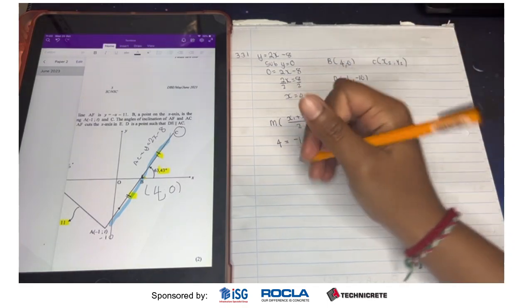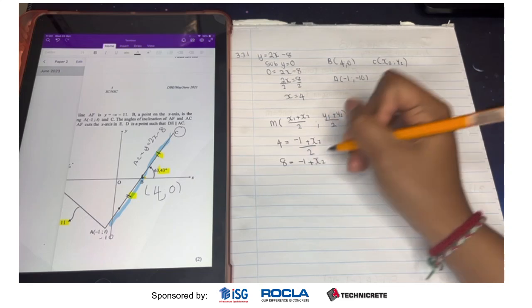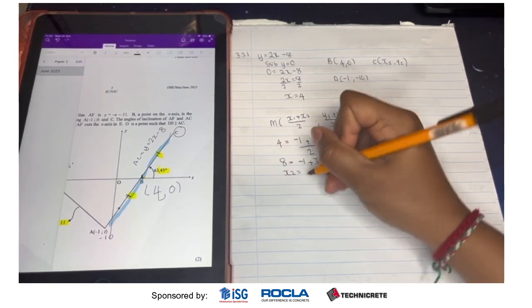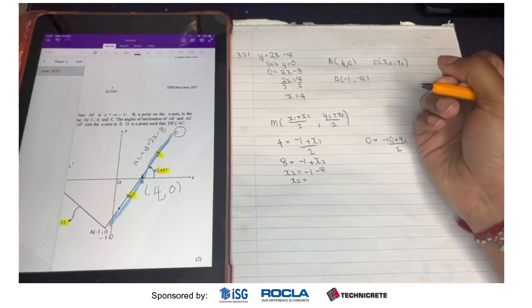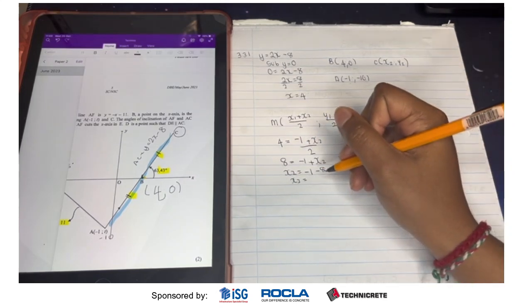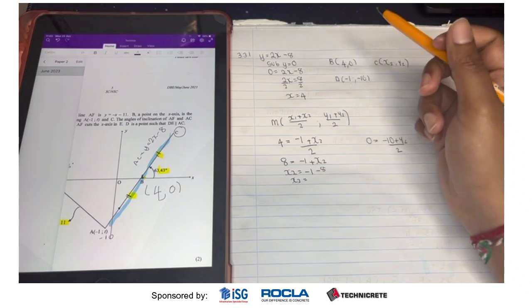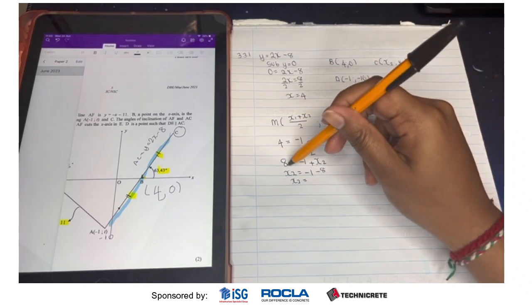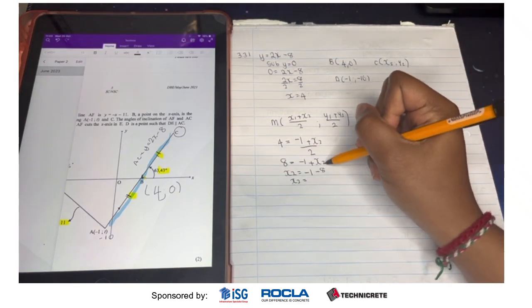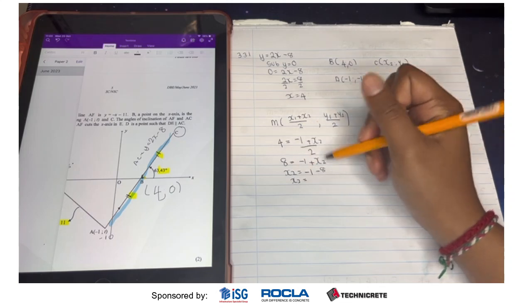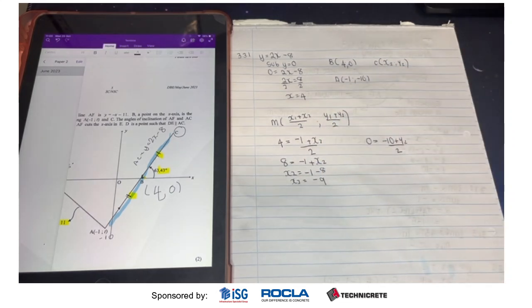Now we're going to solve. We're going to cross multiply. We're going to get 8 equals -1 plus x2. Is that correct?